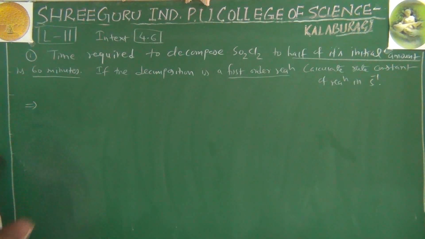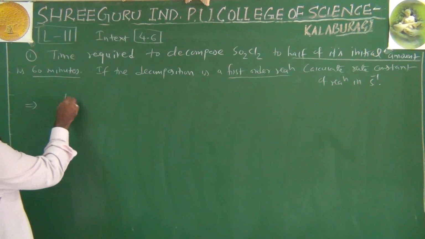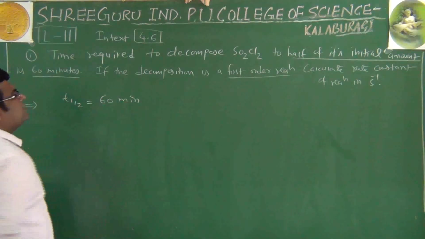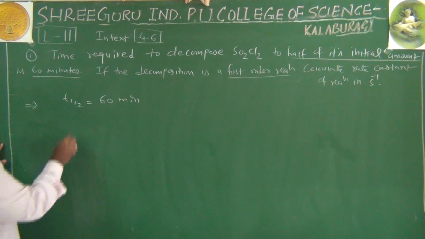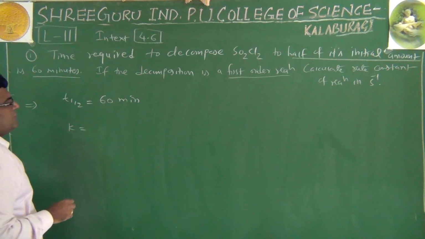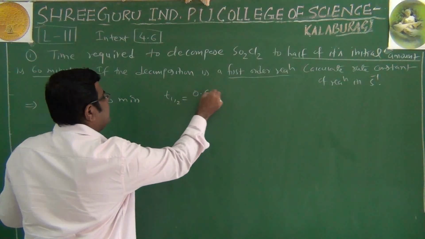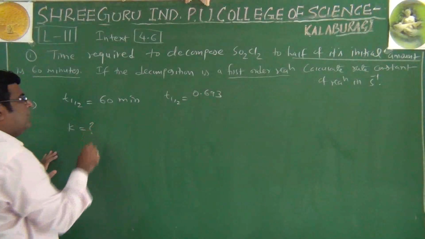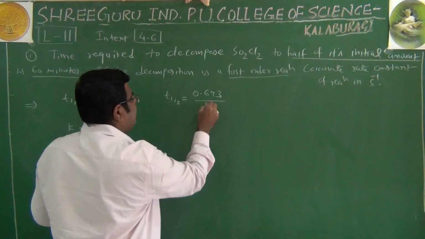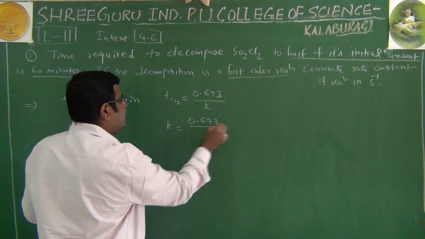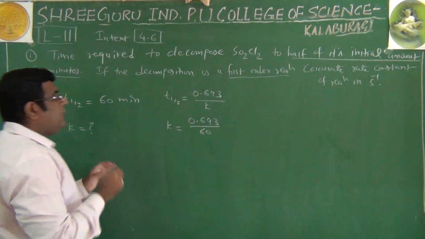Now here we can say that the half-life period T half is given, which is 60 minutes, and they ask for K. So we can write T half is equal to 0.693 by K. So K is 0.693 by 60.